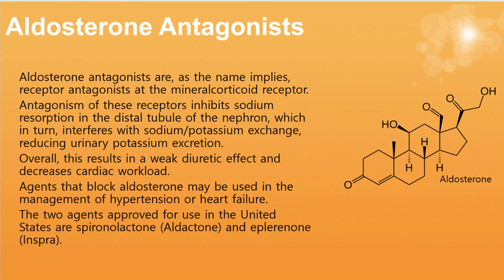All right, so the final group that we're going to look at is aldosterone antagonists. They are, as the name implies, receptor antagonists at the mineralocorticoid receptor. And antagonism of these receptors inhibits sodium resorption in the distal tubule of the nephron, which in turn interferes with sodium-potassium exchange, reducing urinary potassium excretion.